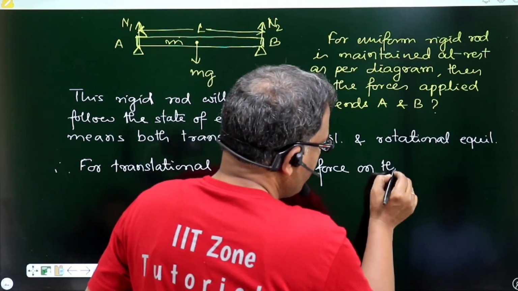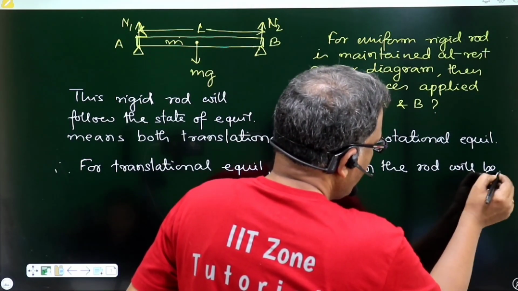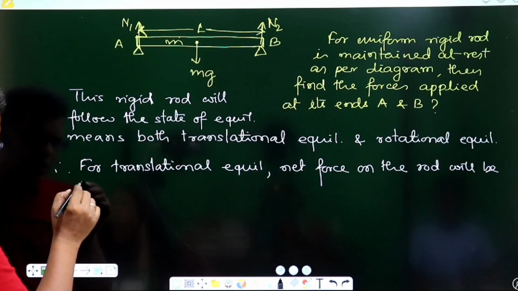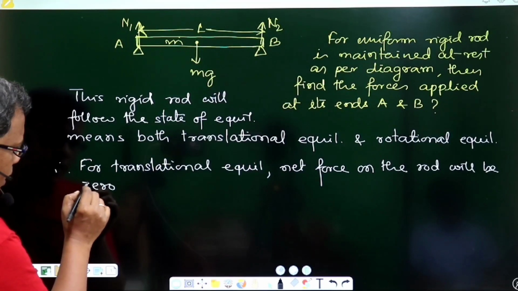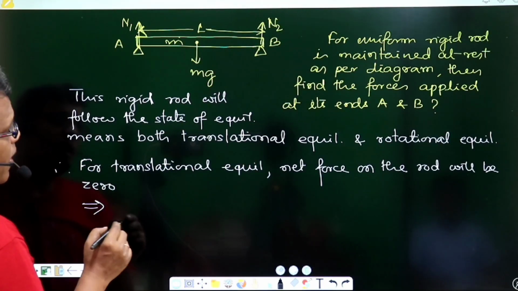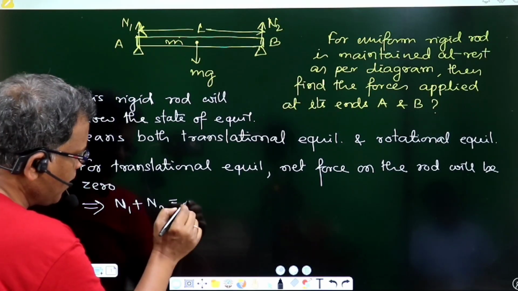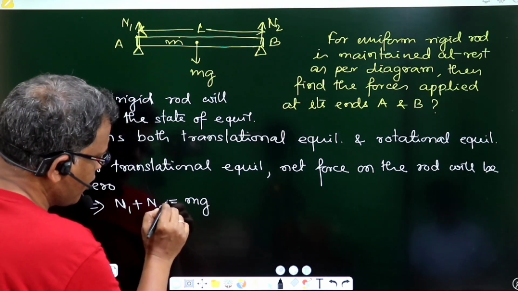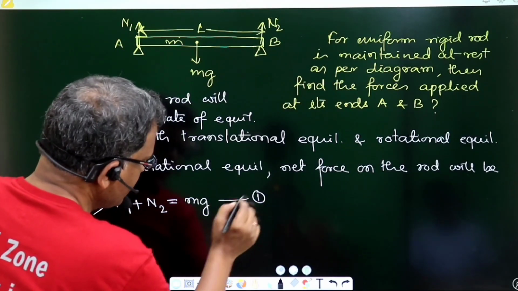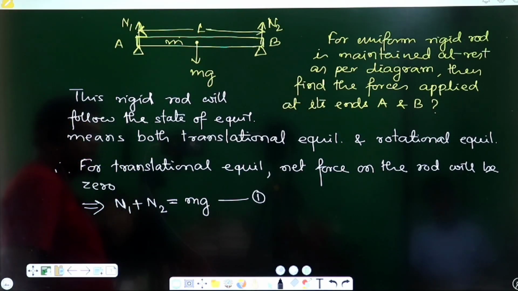As the net force on the rod will be 0, the upward force on the rod, that is N1 plus N2, will be equal to the downward force on it, that is mg, isn't it? For translational equilibrium, net force on the rod will be 0 means N1 plus N2 will be equal to mg.